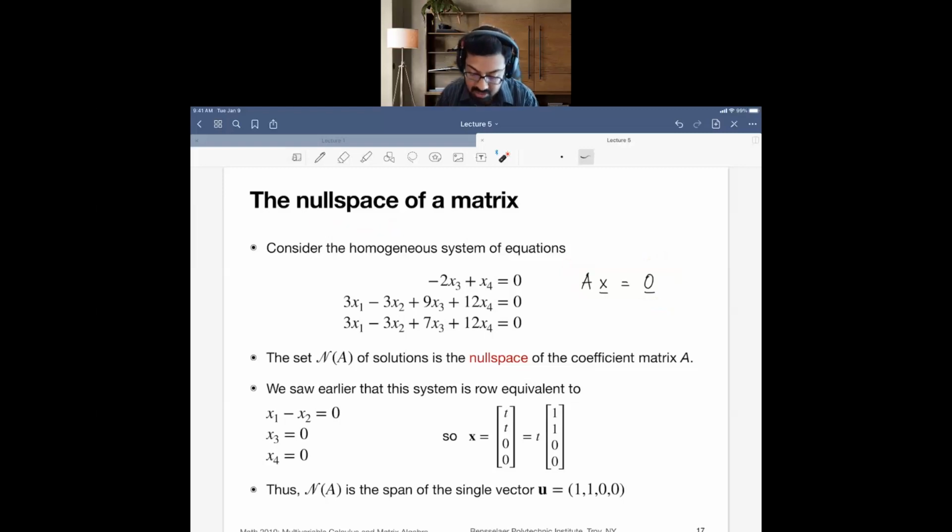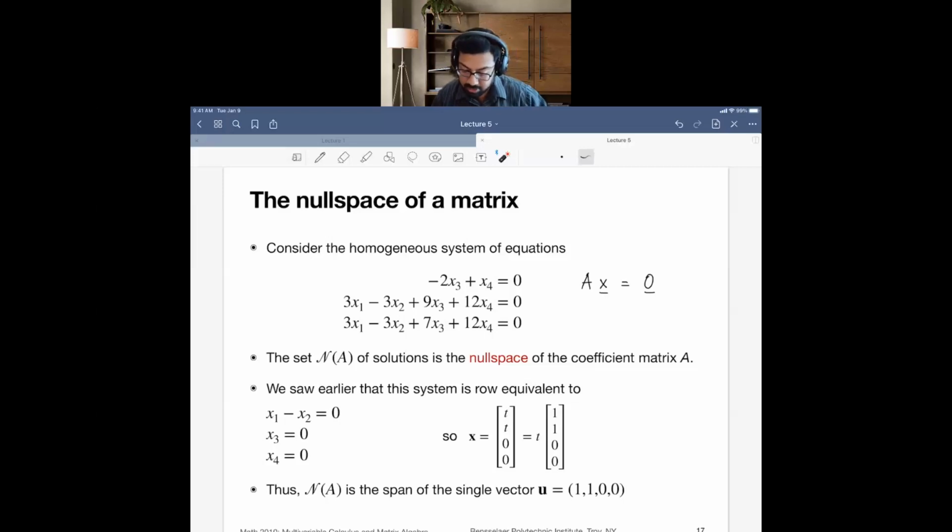Well, the null space, null of A or N(A), is essentially the solutions. The solutions are the null space for that coefficient matrix A. So everything that is solving this is going to be in the null space for that coefficient matrix A. Set of solutions, that's it. Null space is the set of solutions for a coefficient matrix A.